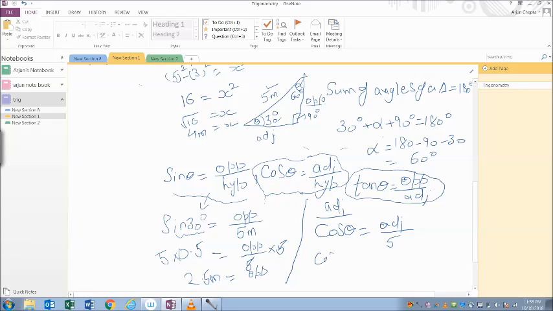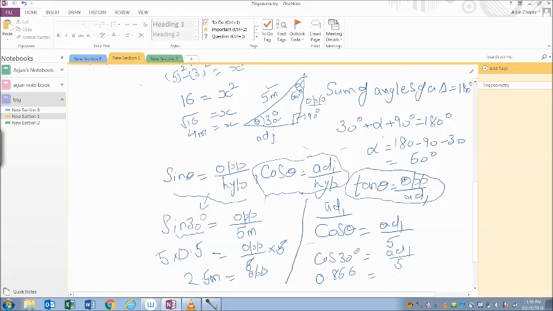So cos of 30 degrees, I need to find the value of cos of 30 degrees. Give me a second, guys. So cos 30 is equal to 0.866, which is equal to adjacent divided by 5.